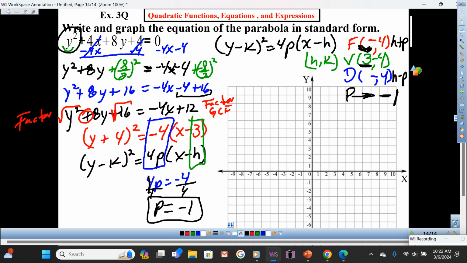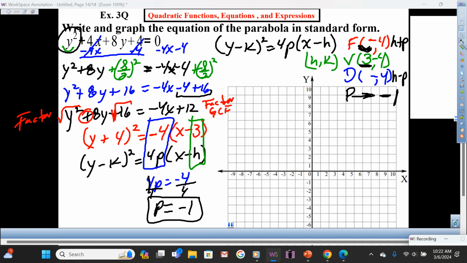All right, so let's see. H. What is H, everyone, here? 3 plus, what is P? Negative 1. So what is 3 minus 1? 2. That goes right here.